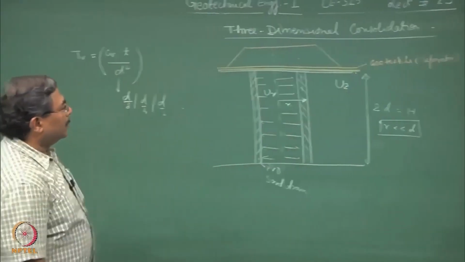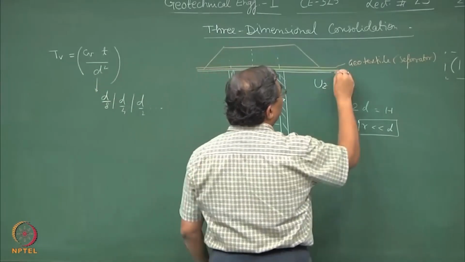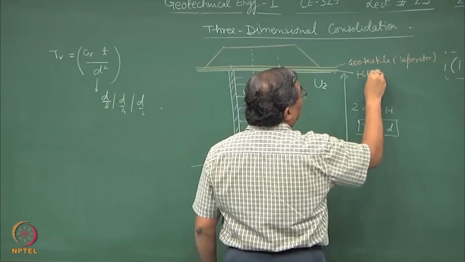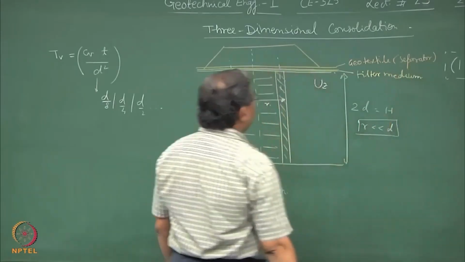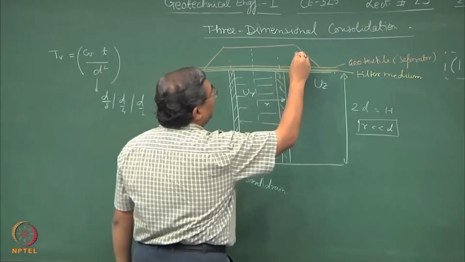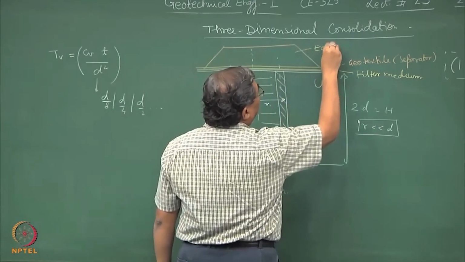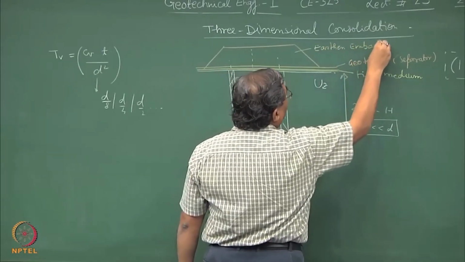Having installed this and laid the layer of filter media, normally granular material, sands or crushed stone dust, we place the earthen embankment. Clear?